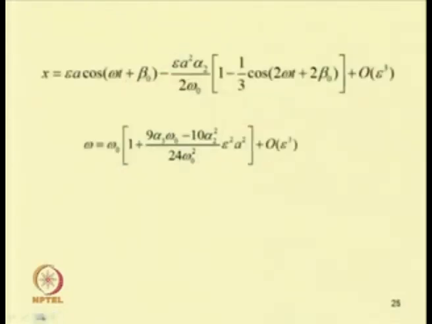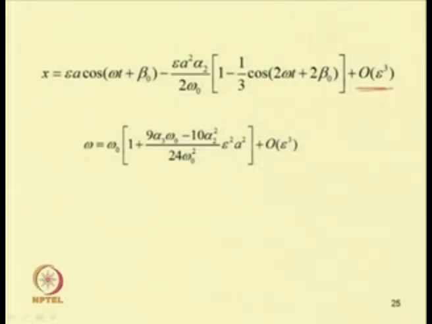So, one can note that the resulting solution becomes, as x equal to epsilon x 1 plus epsilon square x 2, taking only the first two terms. So, we can write x equal to epsilon a cos(omega t plus beta 0) minus epsilon a square alpha 2 by 2 omega 0 into (1 minus 1 by 3 cos(2 omega t plus 2 beta 0)) plus order of epsilon cube.